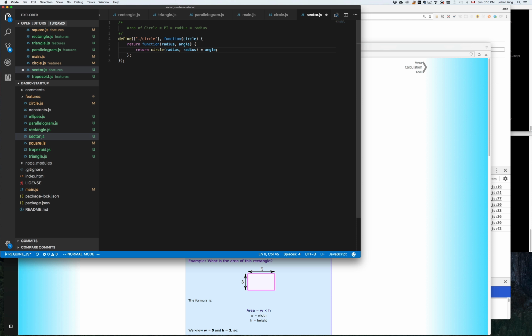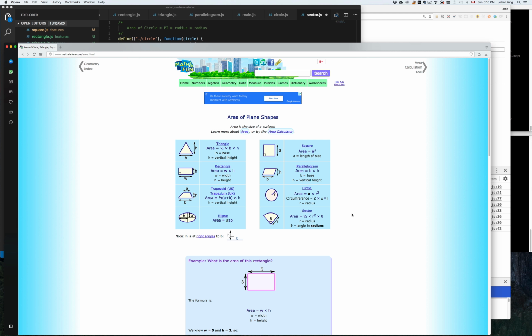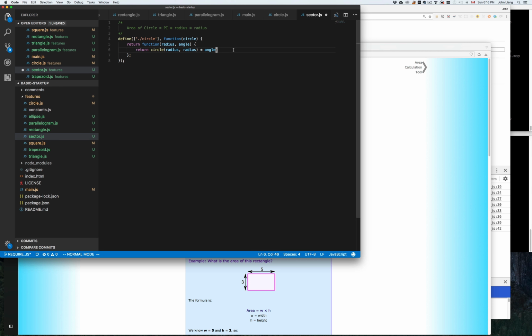Okay. So the calculation is half of the radius square times the radian. So we got to divide it by half.